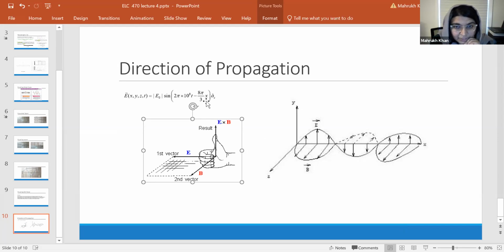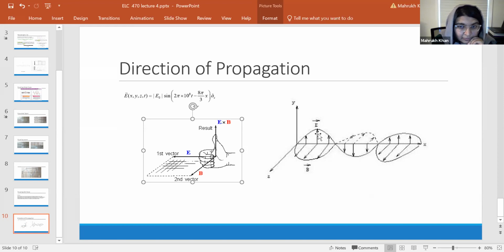Let's say, in this question, and it's not related to your homework, it's just for understanding what I'm telling. If you see here, the direction of propagation of your wave is X. Can you see my mouse? Right. So here the direction of propagation of your wave is X, but the electric field direction is in Y at that very instant.